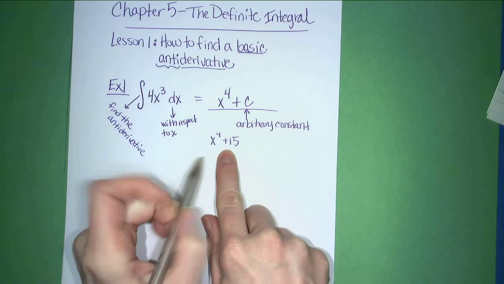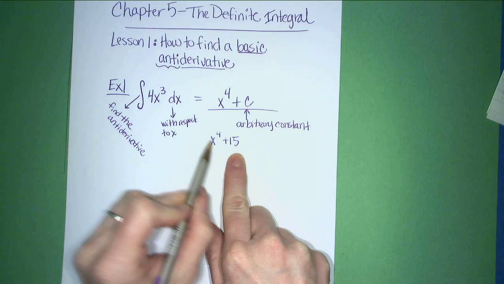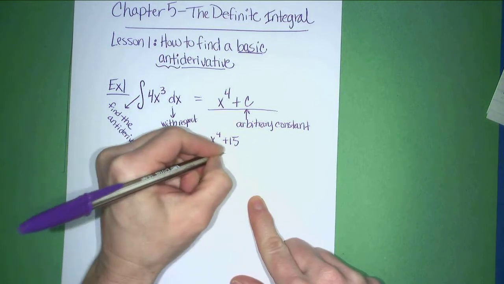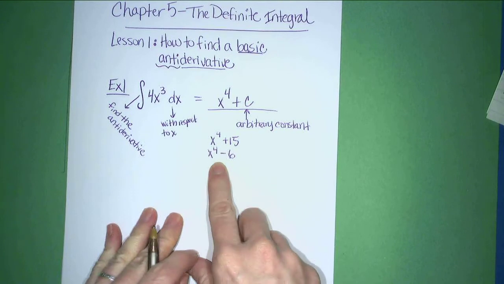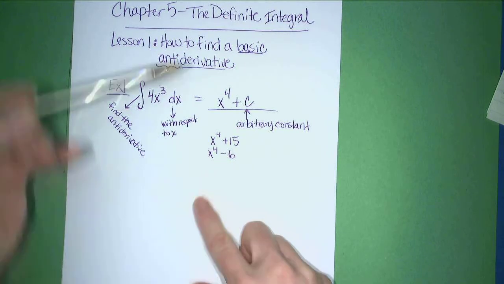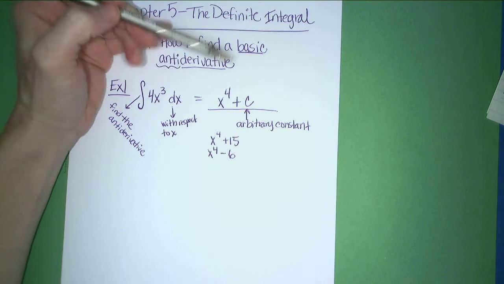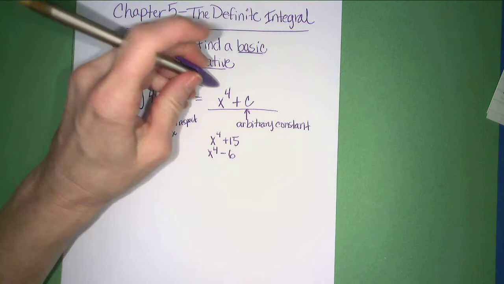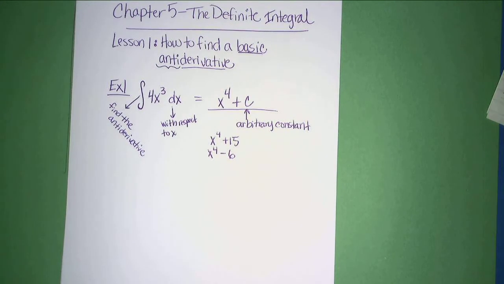Well, the derivative of x to the fourth plus 15 is still 4x to the third. Or maybe we have x to the fourth minus 6. The derivative of x to the fourth minus 6 is still 4x to the third. So the true antiderivative is x to the fourth plus any old constant c. That would be true to have a derivative of 4x to the third.